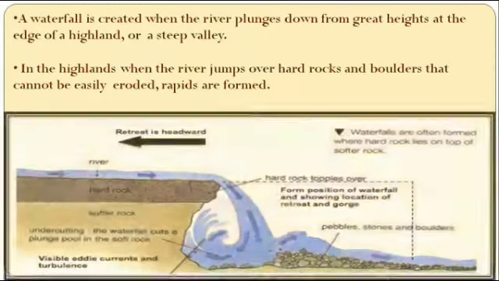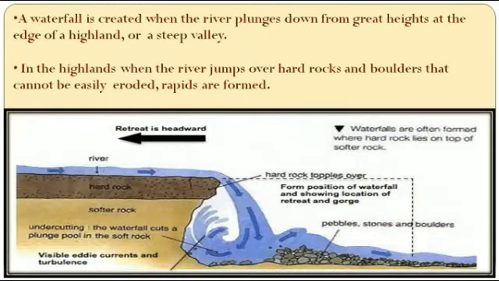A waterfall. For this topic, just imagine that in your city you have a world famous place, Bheda Ghat. A waterfall is there. Just imagine that and see it in this particular picture. A waterfall is created when a river plunges down from great heights at the edge of a highland or a steep valley.